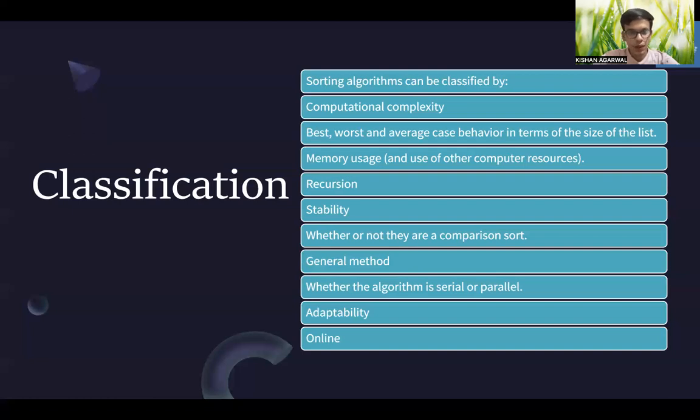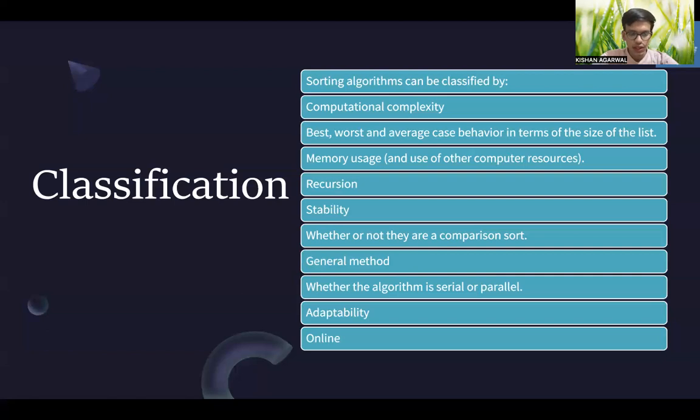Next comes memory usage. Some sorting algorithms are in place, meaning strictly no memory is used beyond the items being sorted. That means no extra memory is used to sort the list of elements. Additional memory is not considered, so that is known as an in-place algorithm.